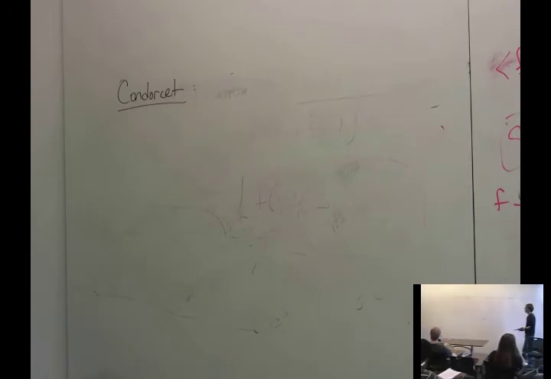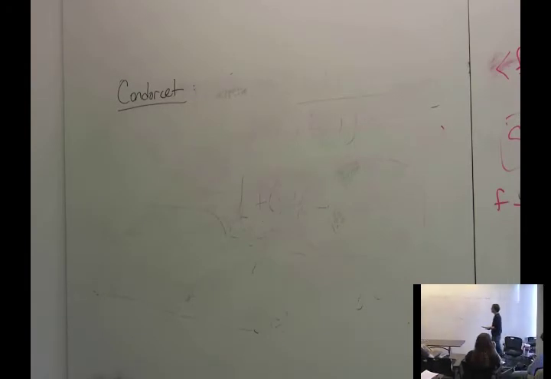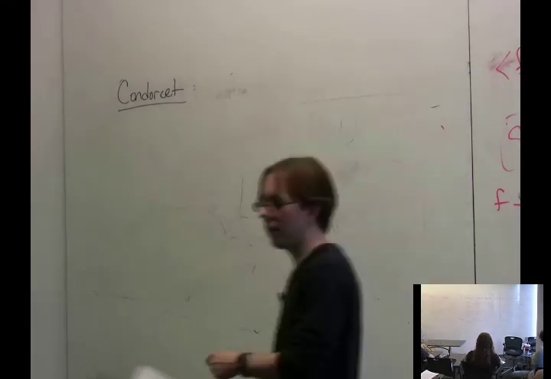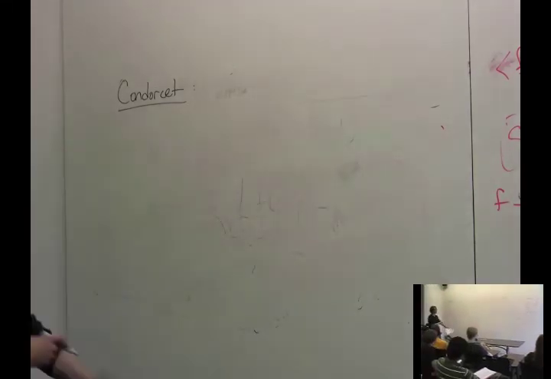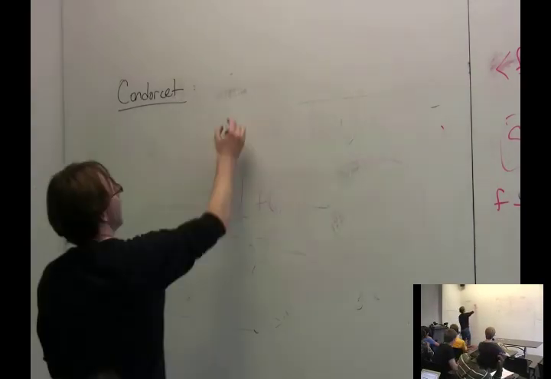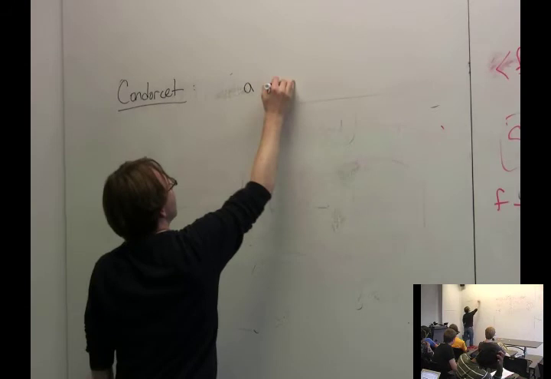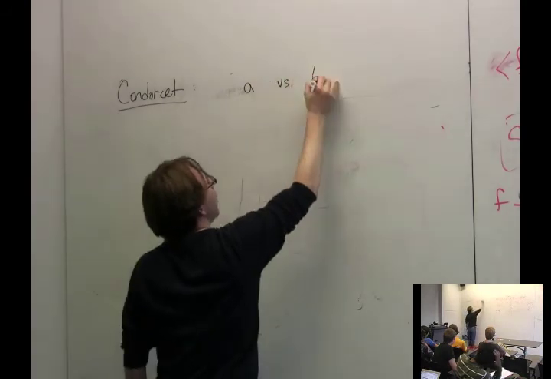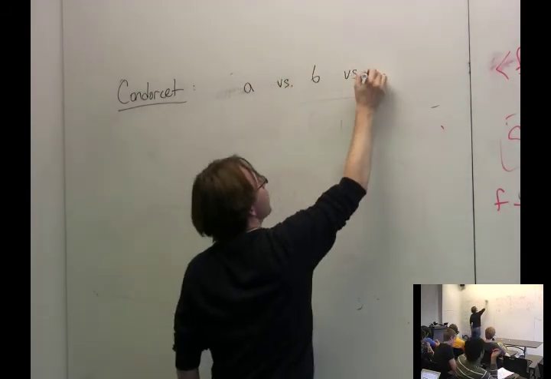It's clearly the best choice. But what are you going to do if you have an election between 3 candidates? Then suddenly everything gets a lot harder, if you know a little bit about social choice, you know that. So he was thinking about what are we going to do in France, maybe, if we have a three-candidate election, say A versus B versus C.